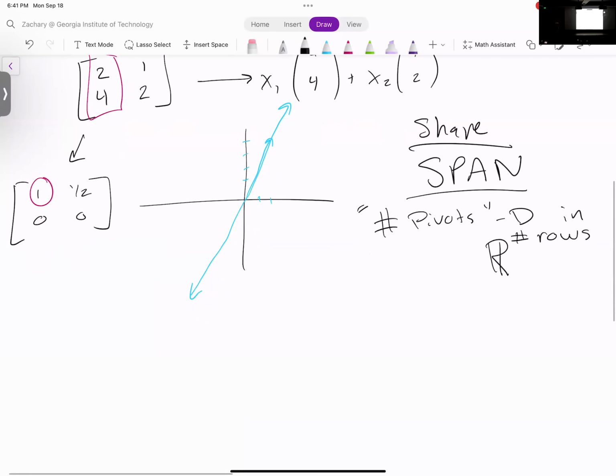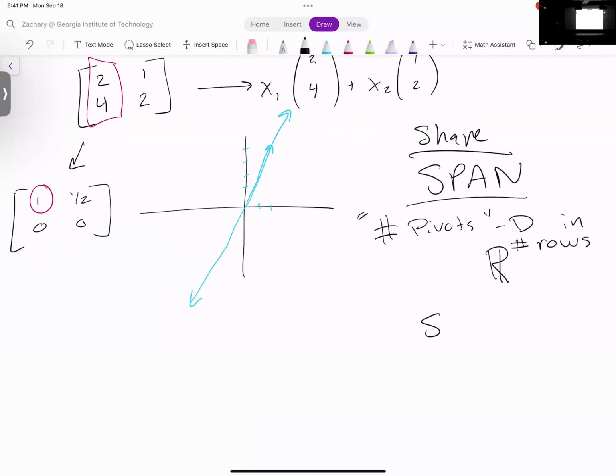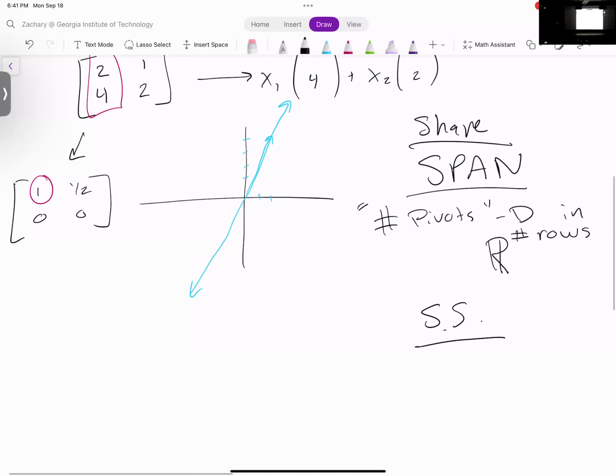Okay. So span and solution set are kind of converses of each other. If span is talking about pivots, what do you think solution set's going to be talking about instead? Free variables. So instead of number of pivots, it's going to be number of free variables dimensional in R to the number of columns.